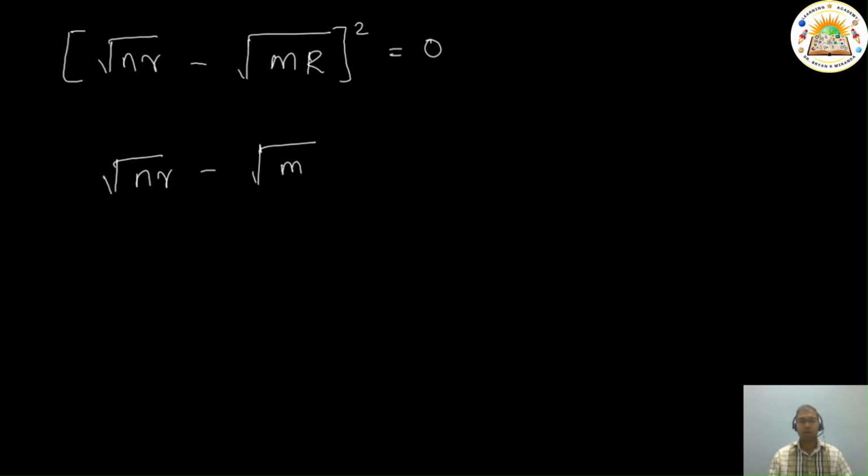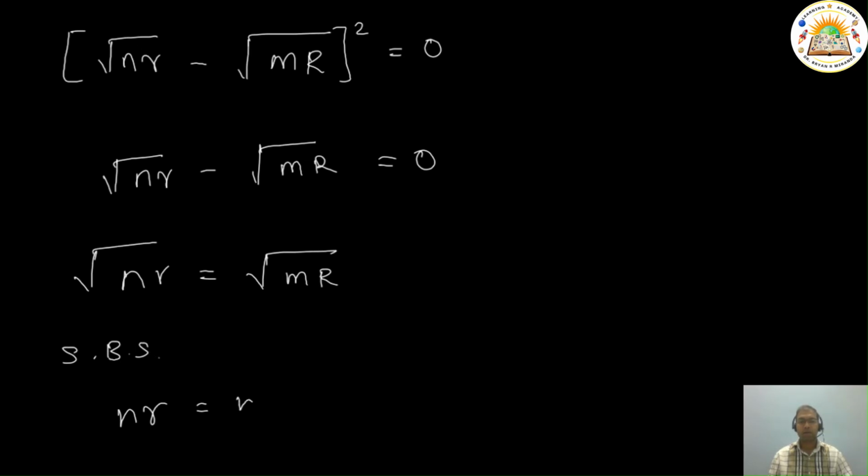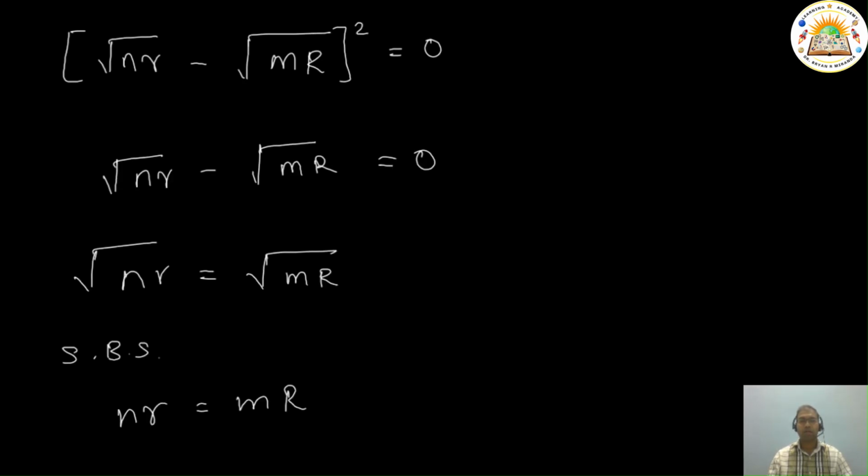So root of nr minus root of mR whole square is equal to 0. Root of nr minus root of mR is equal to 0. Root of nr is equal to root of mR. Squaring both sides we get nr is equal to mR, or capital R is equal to nr by m.